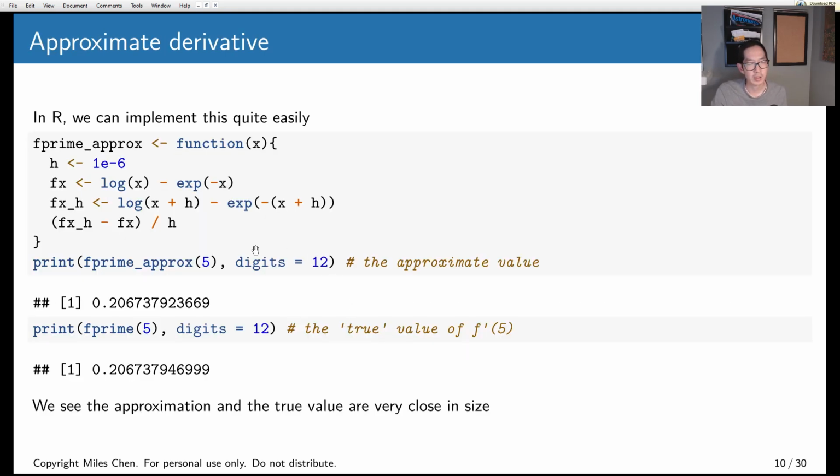Here, for my approximation, I might plug in 10 to the minus 6 as my value of h. My function is f of x, log of x minus e to the negative x. Now I add a little h to x, so I get log of x plus h minus e to the negative x plus h, where h is 10 to the minus 6. I ask, what is f of x plus h minus f of x, divided by h?